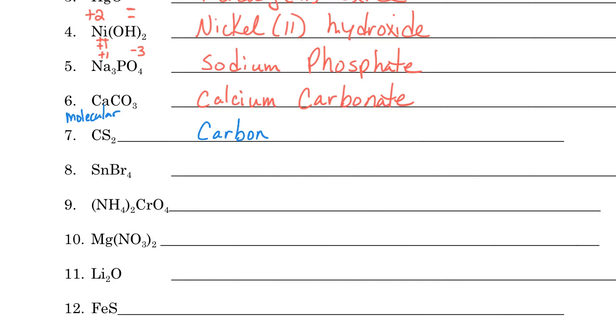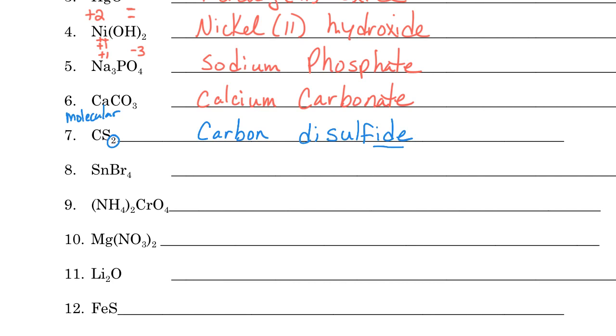And then I'm going to use a prefix to say how many of the second element I have. This is carbon di, because I have 2. Sulfide. So I still change the ending to IDE, but you're going to use the prefix to say how many there are. So carbon disulfide would be this one.